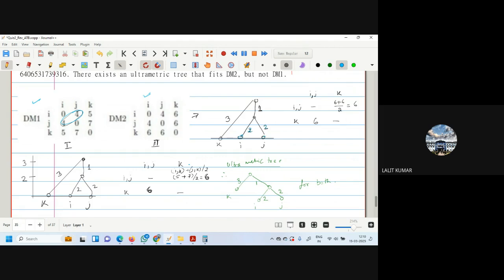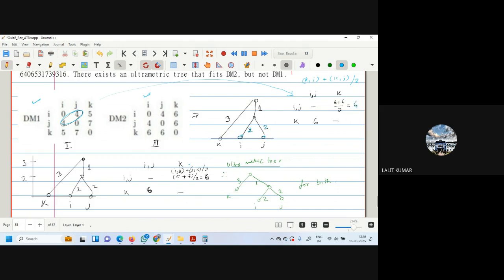Then you reduce this to a reduced matrix, so this will become IJ and K. Here the distance will become Ki plus Kj divided by 2. Ki is 5, Kj is 7, so this becomes 6 plus 6 by 2, which is equal to 6.